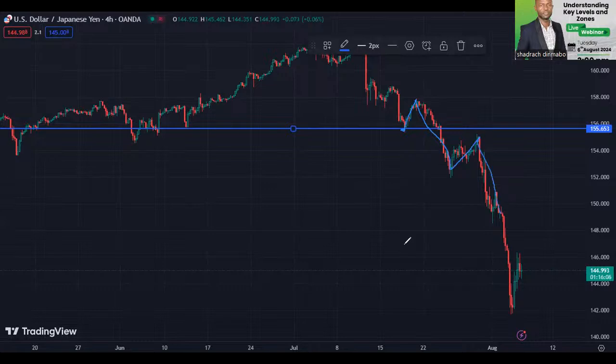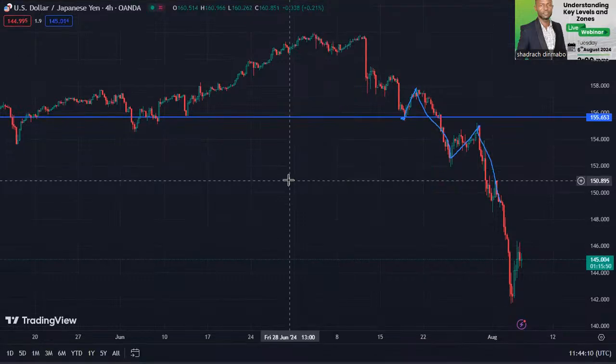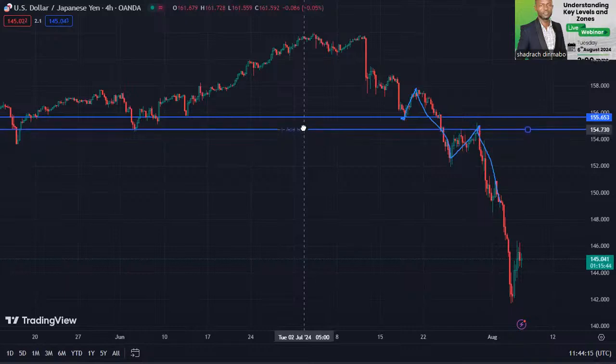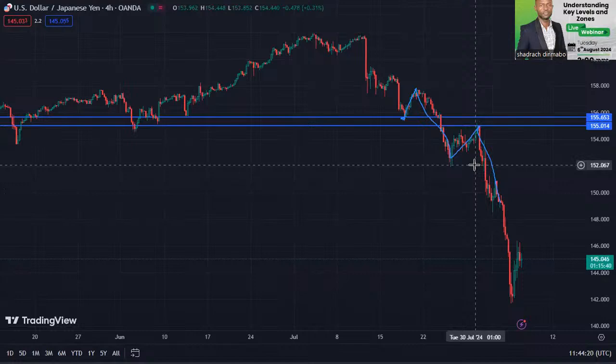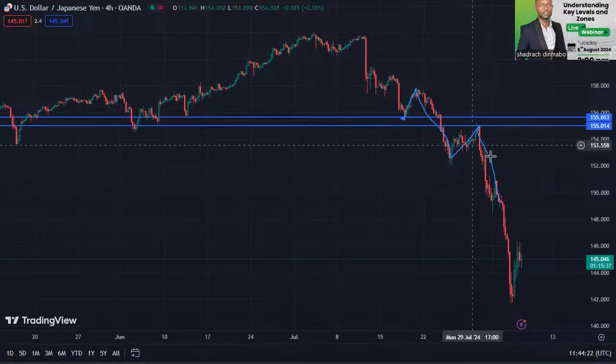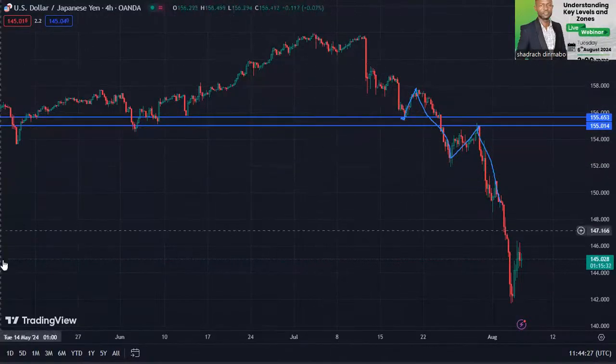So what we are trying to say here is that this point has actually acted as both a support level and a resistance level. You can see that. So now, knowing fully this particular concept, you can see that this market came to this point.